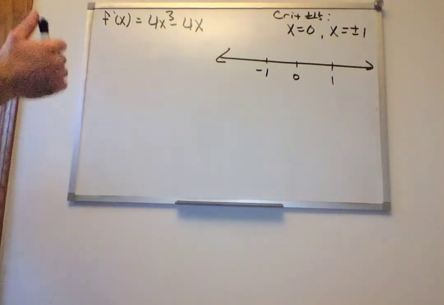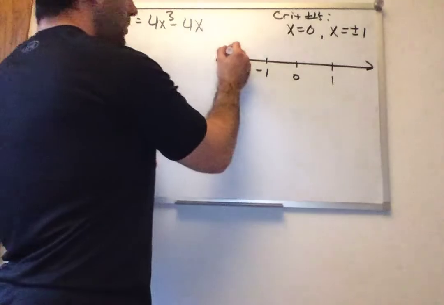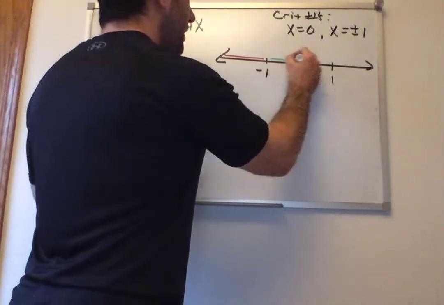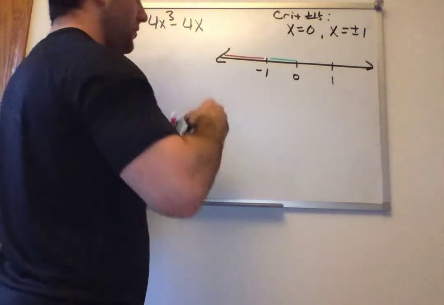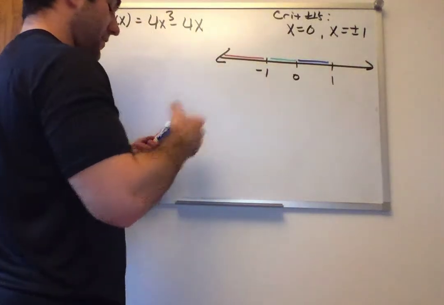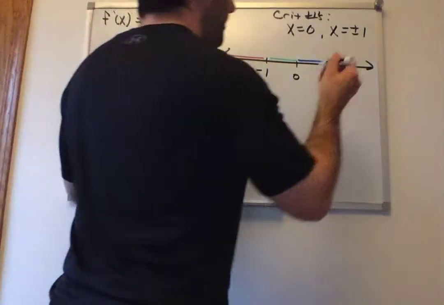Unfortunately, we can't use 0 for one of our test values because it's a critical number, but we've got one interval there, a second interval there, a third interval there, and then I'm out of colors. I'll just use black again.